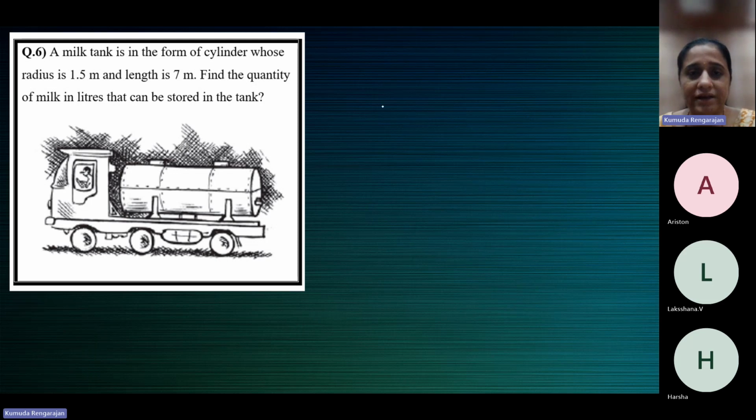So a container, of any shape, it can be a conical container, cylindrical container, cuboidal, cubical, whatever container. Any container whose volume is 1 meter cubed can hold 1,000 liters of liquid.